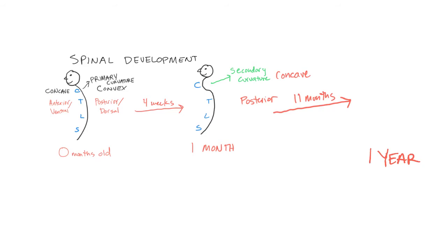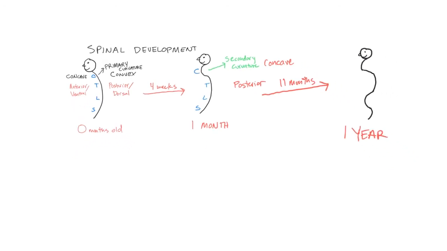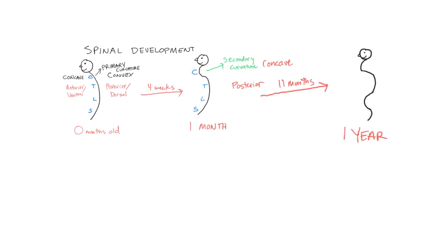Yeah, so the toddler is now able to walk. And so that primary curvature is still there in the neck, secondary curvature in the thoracic, and then we're going to exaggerate again, secondary curvature in the lumbar, primary curvature in the sacral. This is a good looking spine.